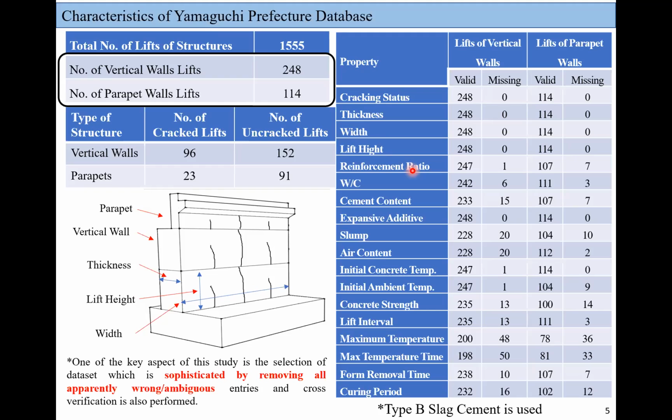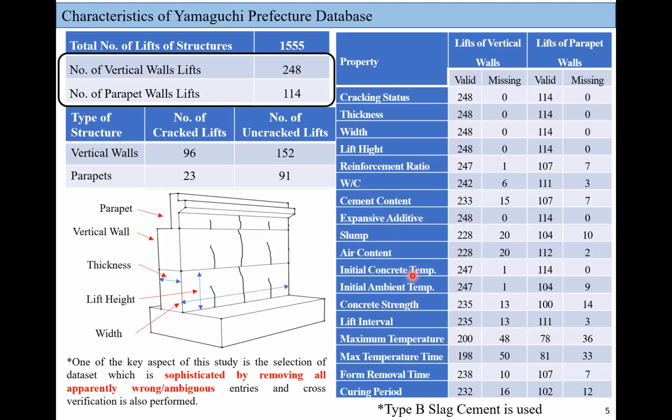Here, as I told you already, reinforcement ratio is also important. And this is concrete, so water to cement ratio, unit cement content, whether expansive additive is used or not, or fresh properties, initial concrete temperature. Now you are experiencing a very cold season in Japan, but in summer, very hot.